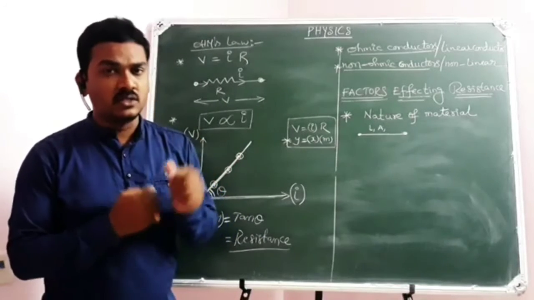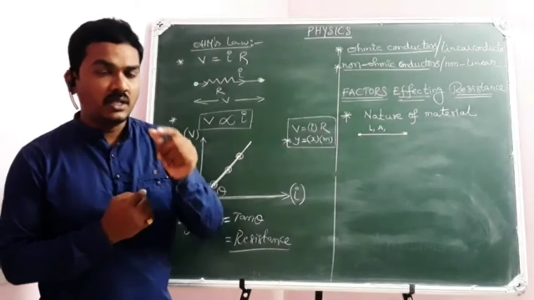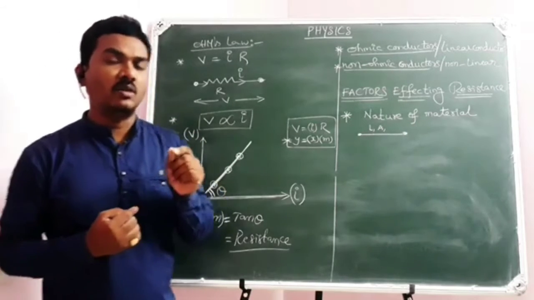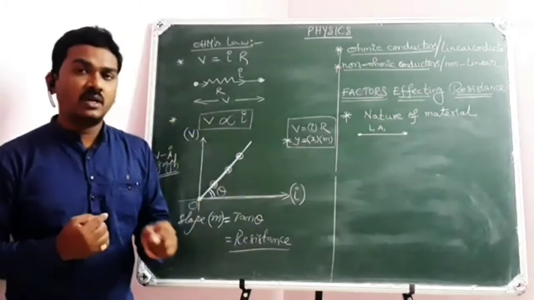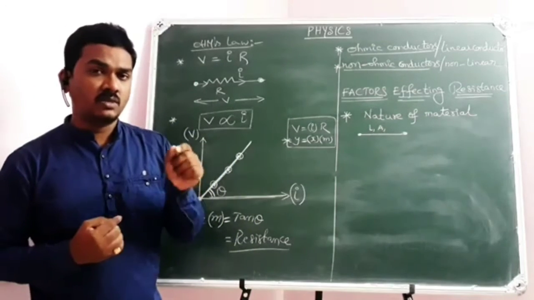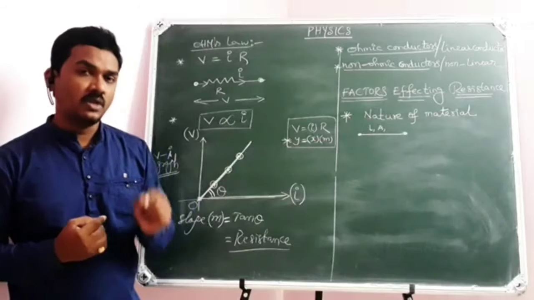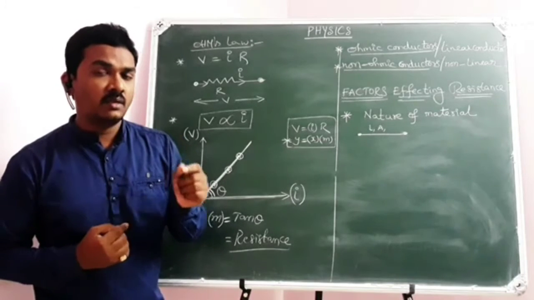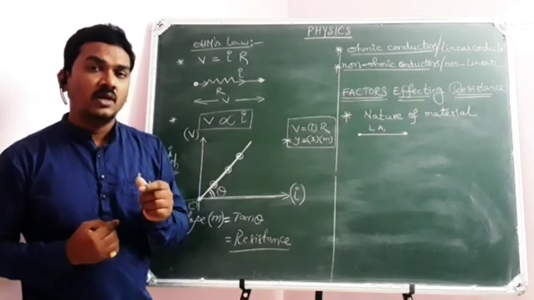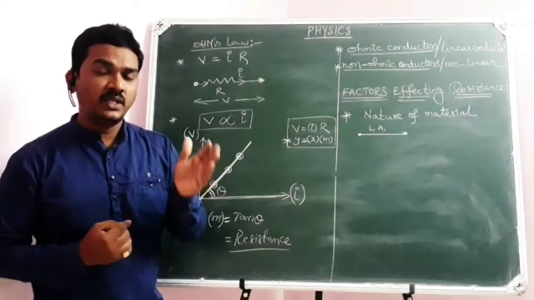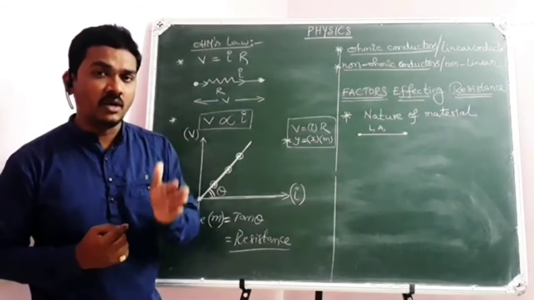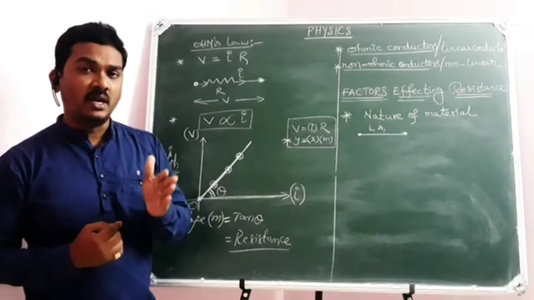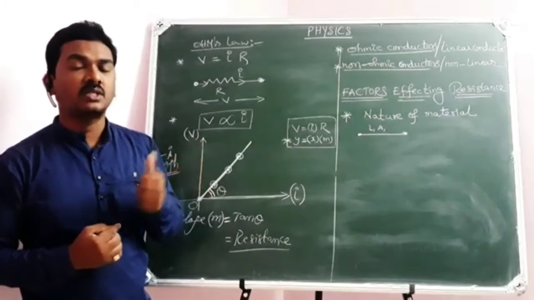The diameter of the wire is nothing but the thickness. Please note down all these points to go with your academic textbook. Half of the diameter will give the radius of cross-section, small r, and A equal to pi r square because it is a circular cross-section.